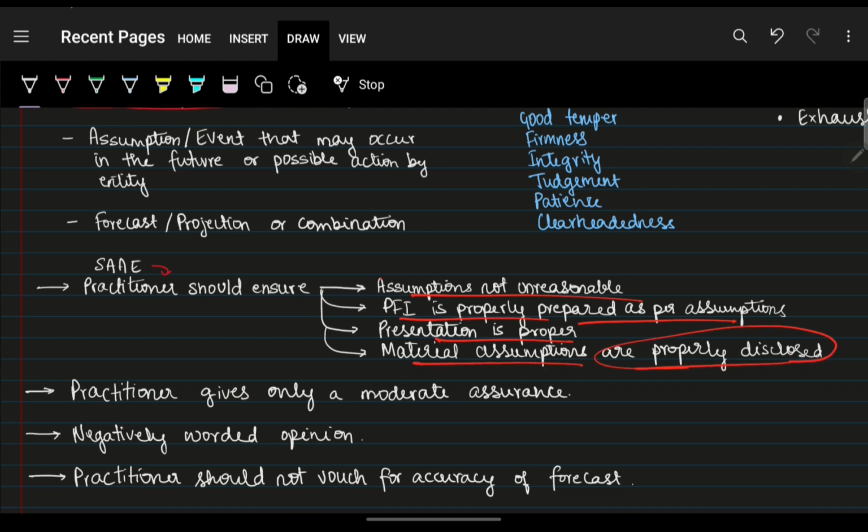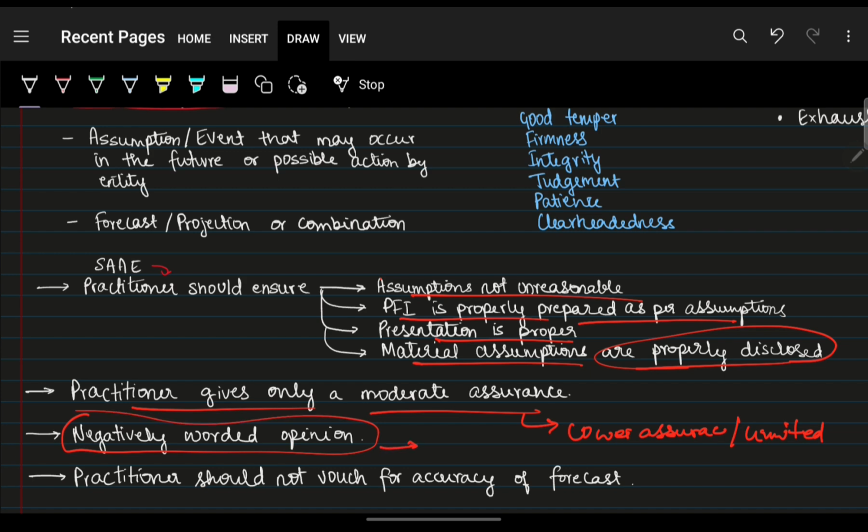Okay. Next, here the practitioner gives only a moderate assurance. Moderate assurance or a lower assurance, or what else do we call it? A limited assurance. Okay, limited assurance. Okay, it gives a negatively worded opinion.